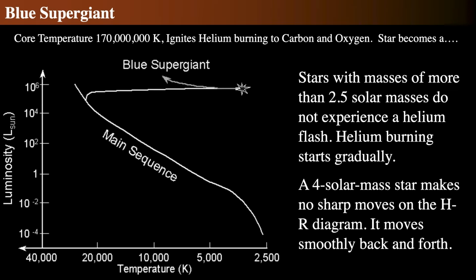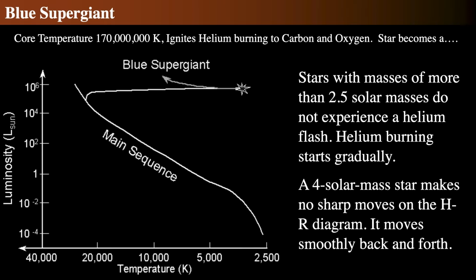Now remember, the HR diagram shows the surface temperature. So the surface temperature of a supergiant star ranges between, say, 3,000 Kelvin and maybe 10 to 20,000 Kelvin. That's a blue supergiant. A blue supergiant isn't really that blue. It's more whitish because it's kind of the same temperature as an A star. But I guess an A star is kind of bluish. It will be bluer than the sun.